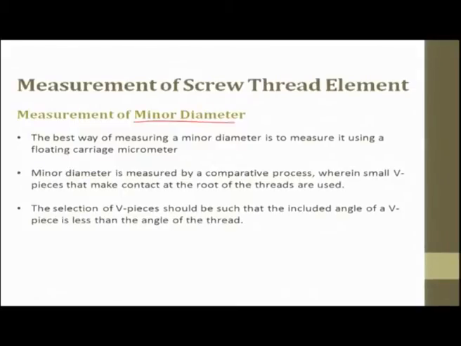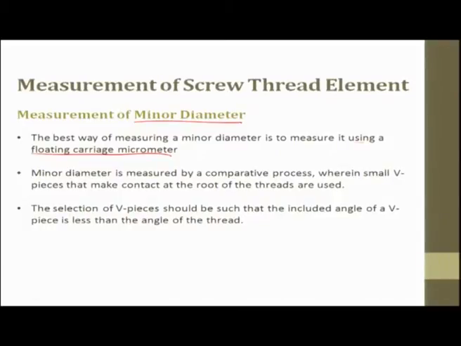Then how do we measure the minor diameter? The best way to measure the minor diameter is to use a floating carriage micrometer. This also we saw when we studied the comparator. The minor diameter is measured by a comparative process wherein small V pieces that make contact with the root of the threads are used.